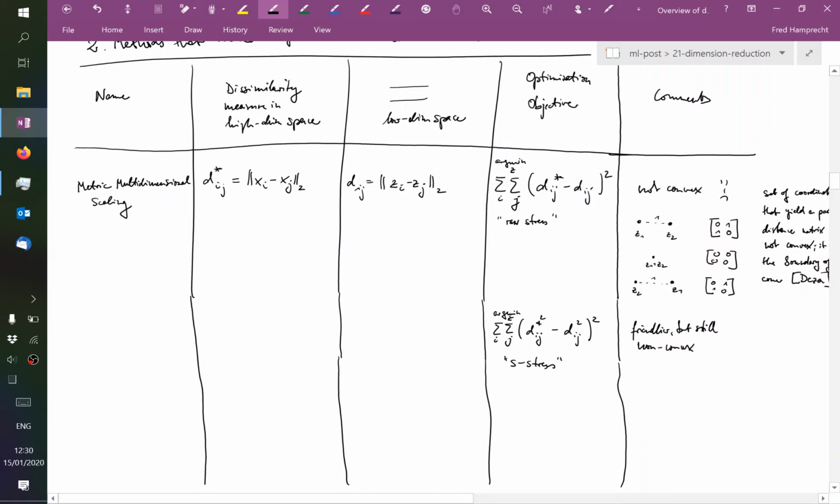So, for example, there is Sammon, who in 1969 came up with the following.